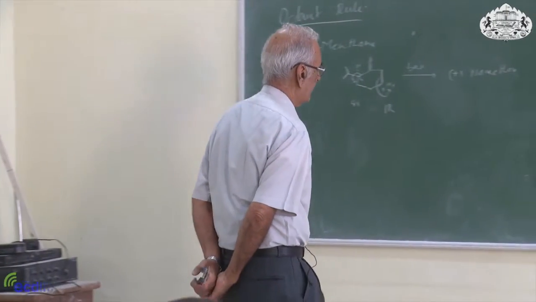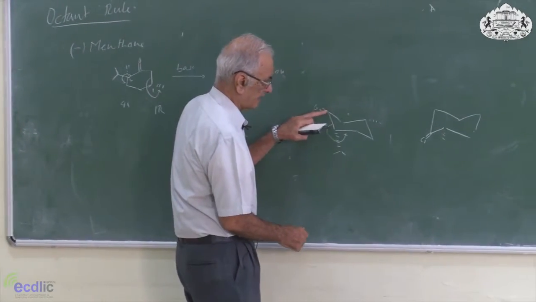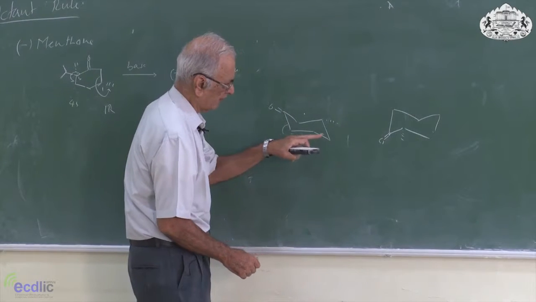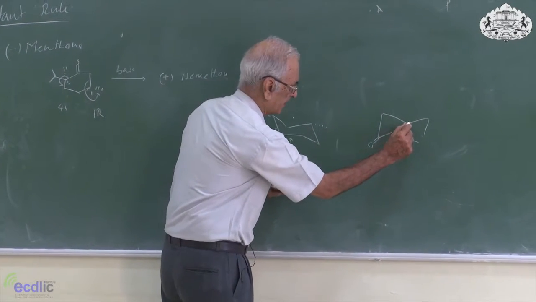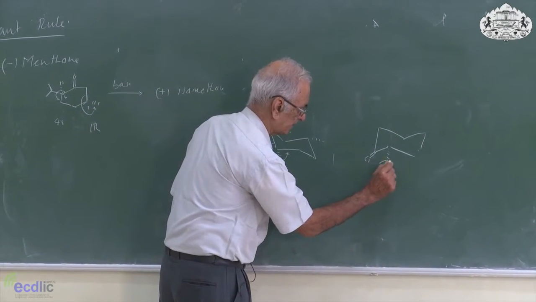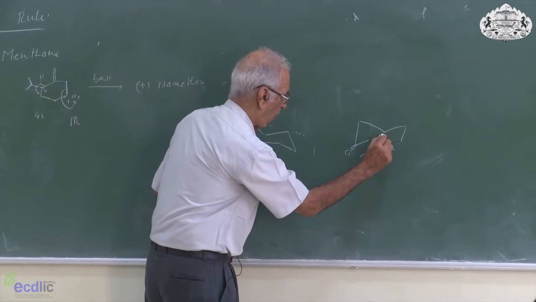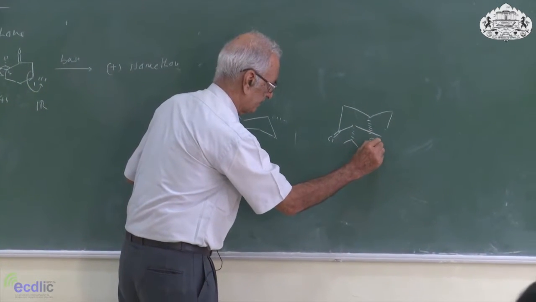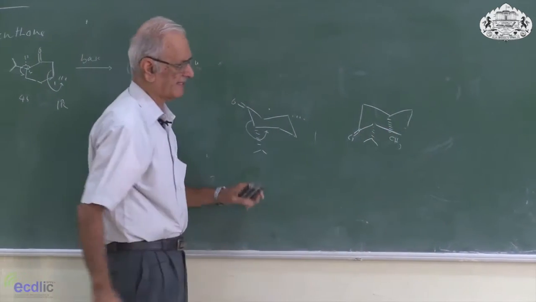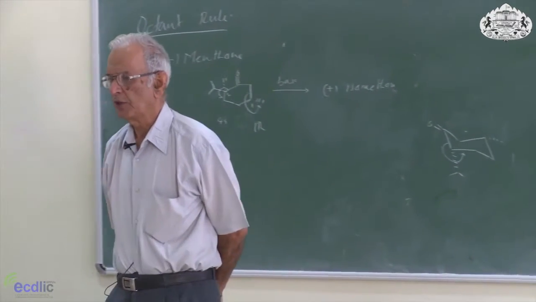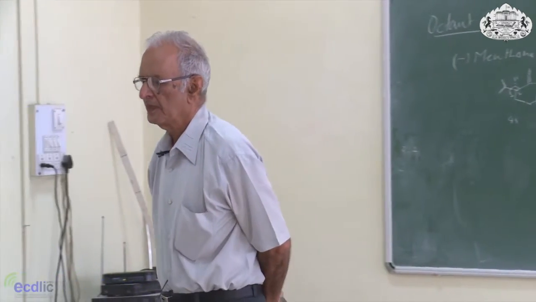When I make the ring flip, this carbon has come downwards, as we have shown, and that carbon goes up. So your methyl is axial, and your isopropyl group is now going to be equatorial. All right.